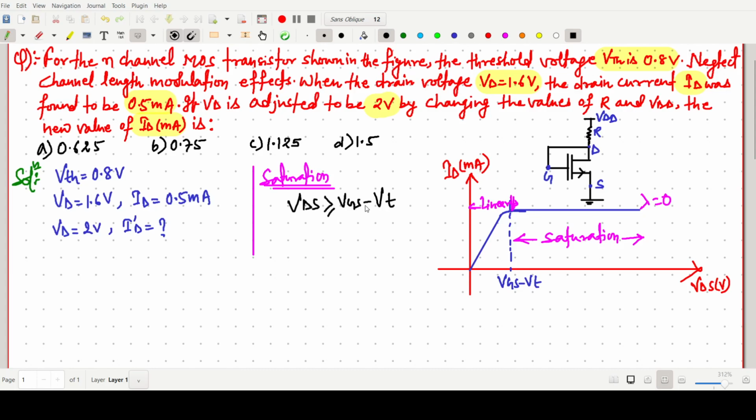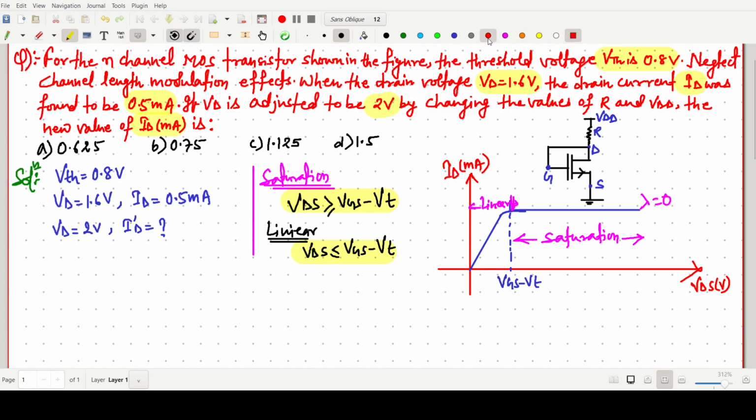This is the condition. And for the linear region, the VDS value will be less than or equal to VGS minus VT. So we have to decide first. For saturation, once again, VDS is greater than VGS minus VT. For linear, VDS is less than VGS minus VT.